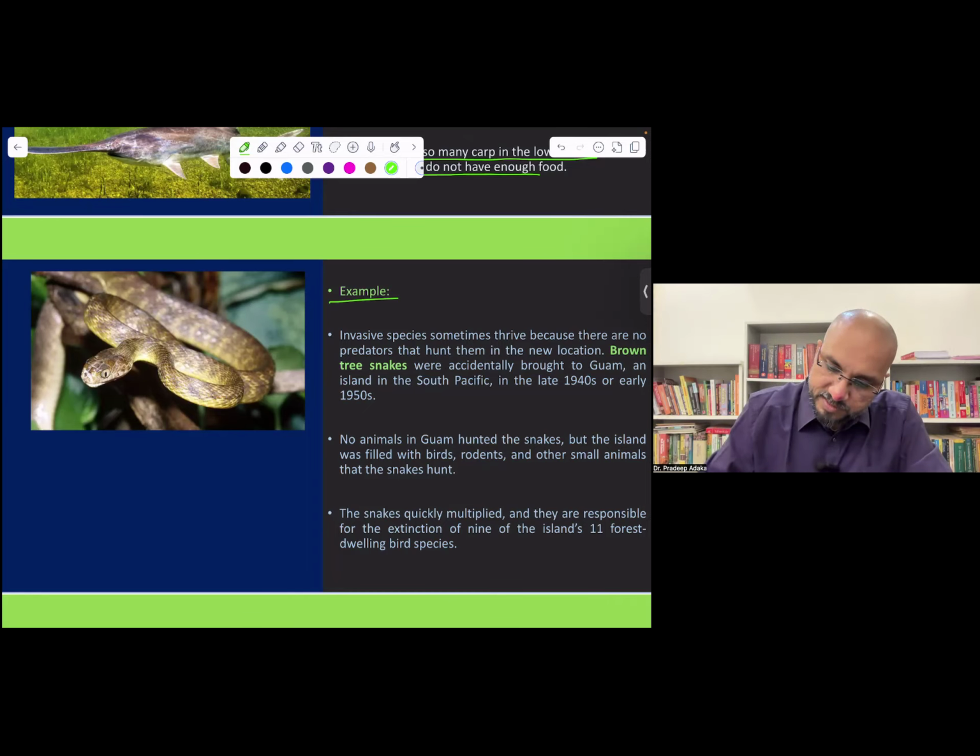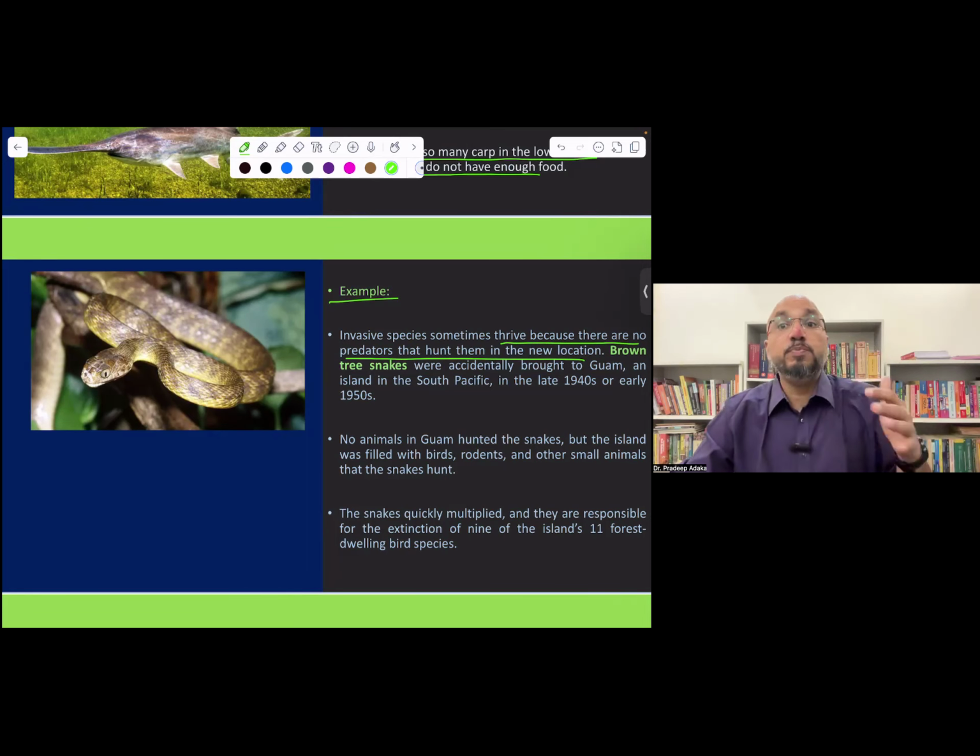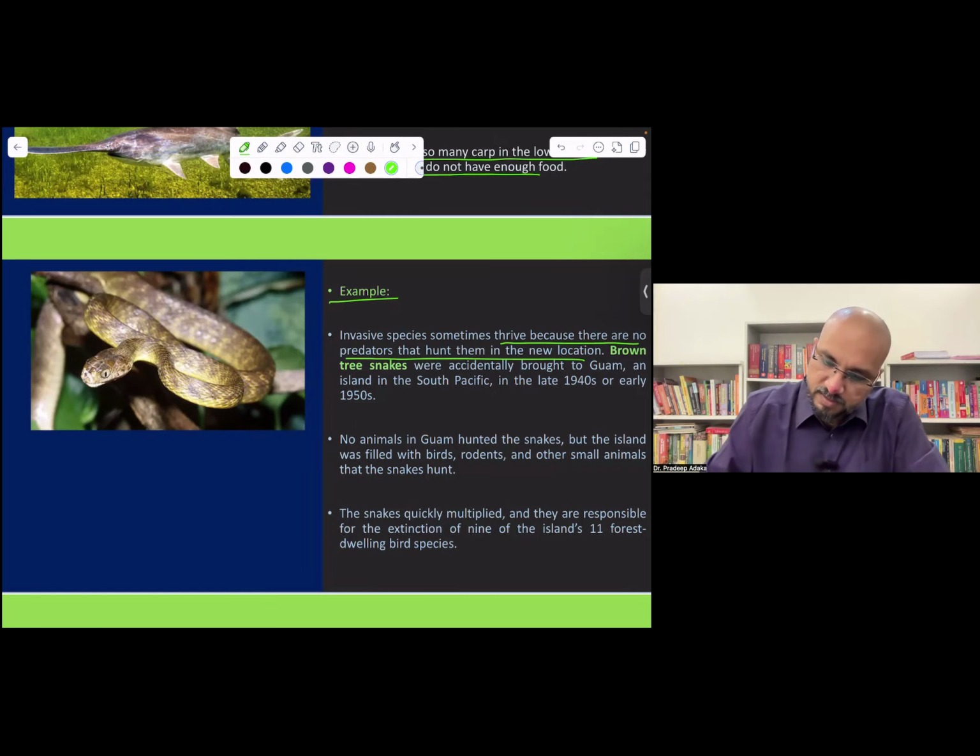So invasive species sometimes thrive because there are no predators that will hunt them in the new location. There was no predator for these brown snakes. There was no one to kill these snakes. So the population of these brown tree snakes increased. They started to feed on the birds.